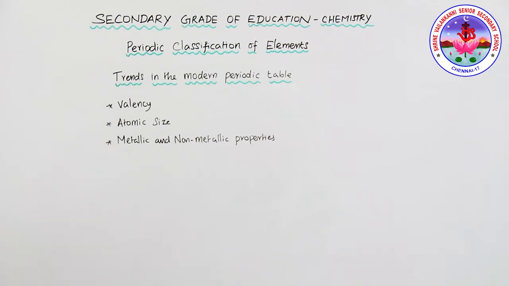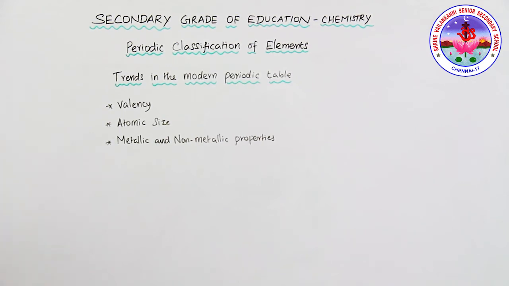See the trends in the modern periodic table, mainly valency, atomic size, and metallic and non-metallic properties. Here the valency of an element is determined by the number of valence electrons present in the outermost shell of its atom. Then atomic size refers to the radius of an atom, that is the distance between the center of the nucleus and the outermost shell of the isolated atom.